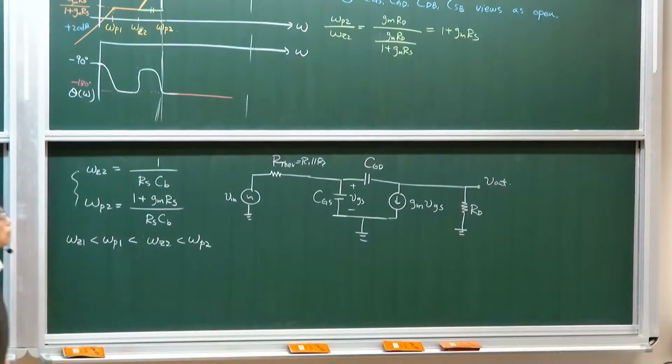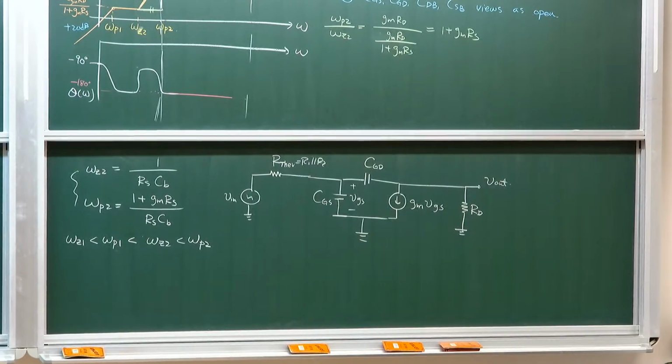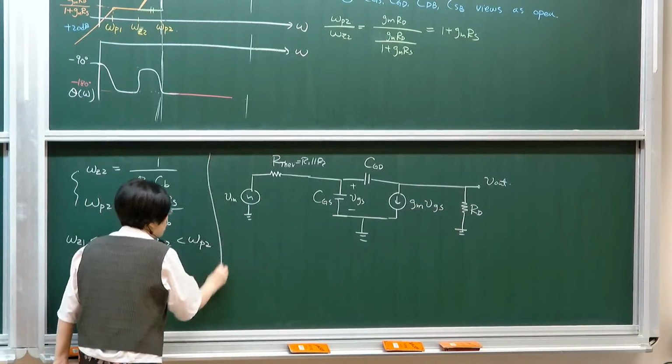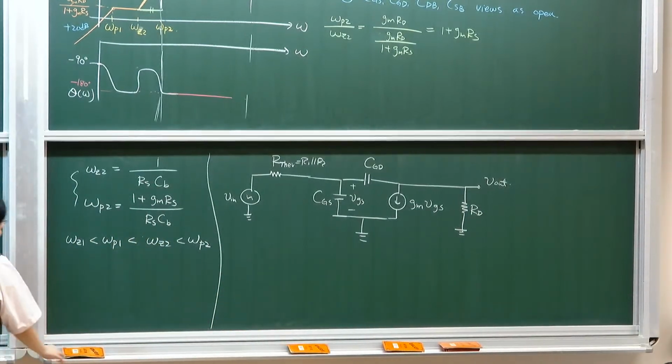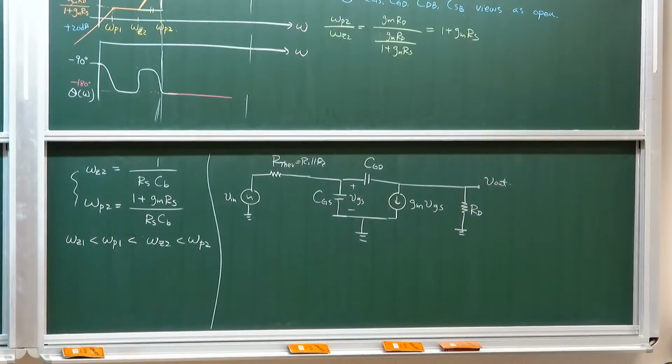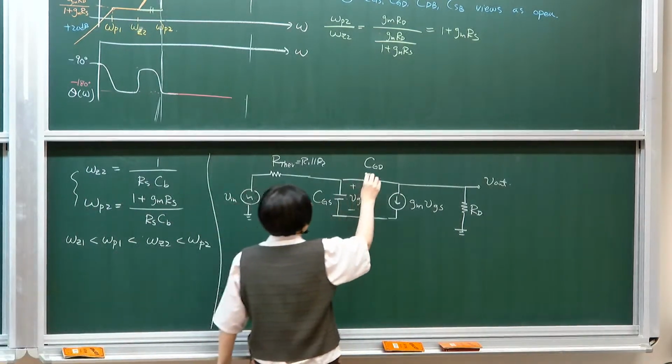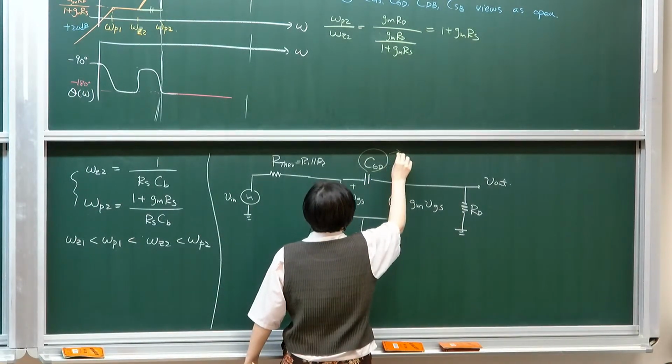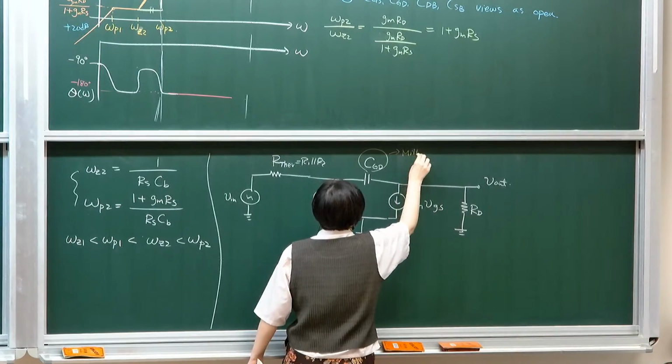Okay? So if you want to analyze high frequency, this is for the high frequency regime. What happens is that in most of the common source configuration or common emitter configuration, one of the problems is that you have CGD as the Miller capacitance, feed-forward.